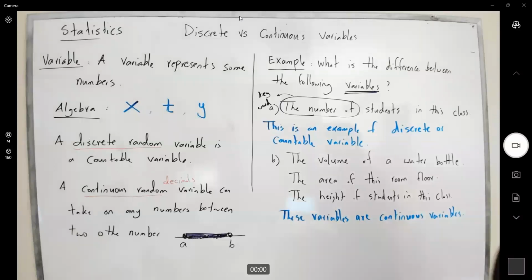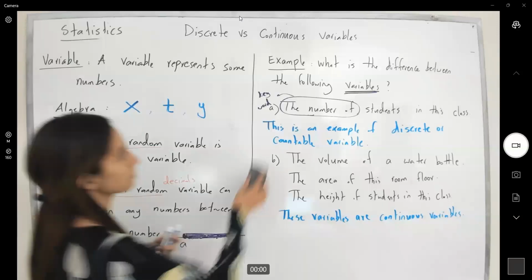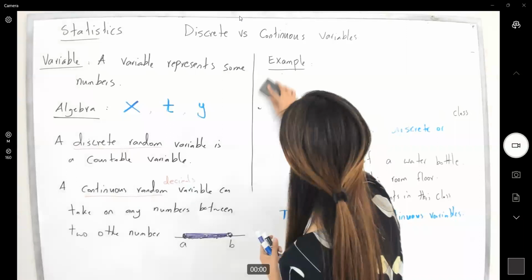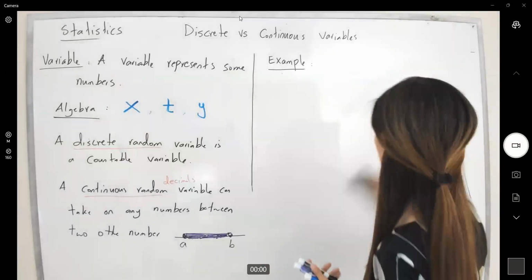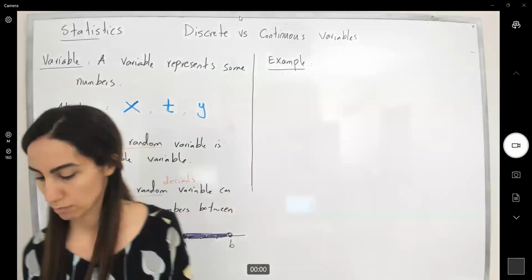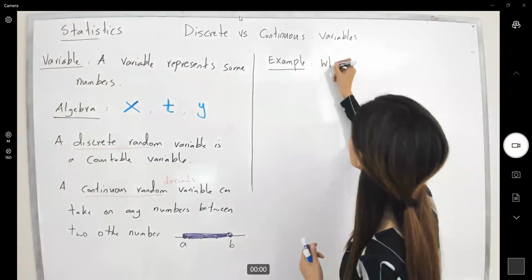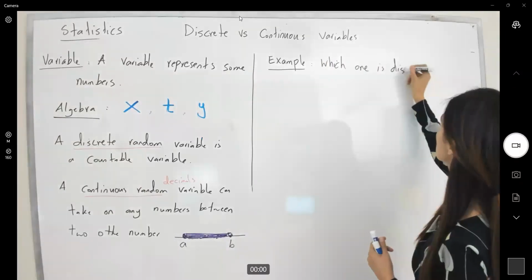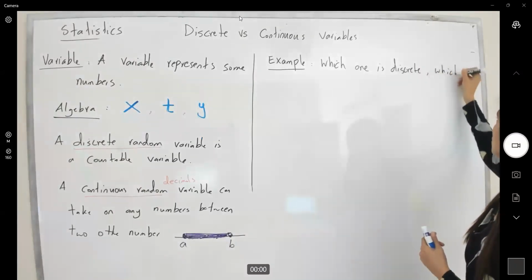So suppose you have the following examples. I asked you which one is discrete, which one is continuous?